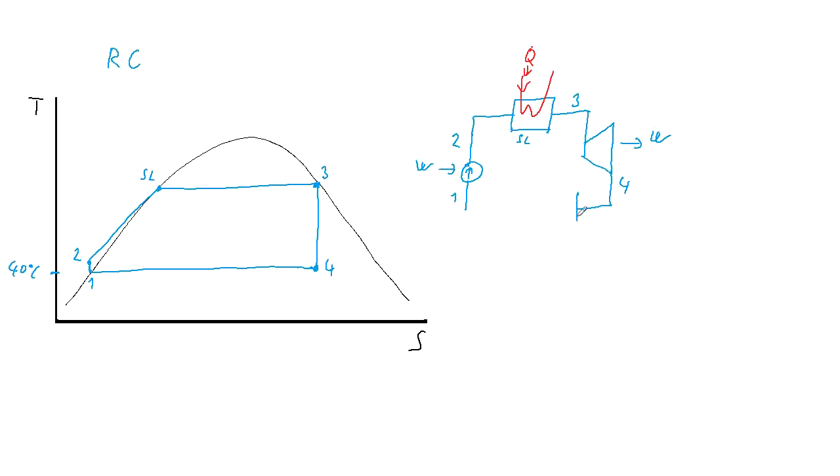Between points 4 and 1 the heat is rejected in the condenser.